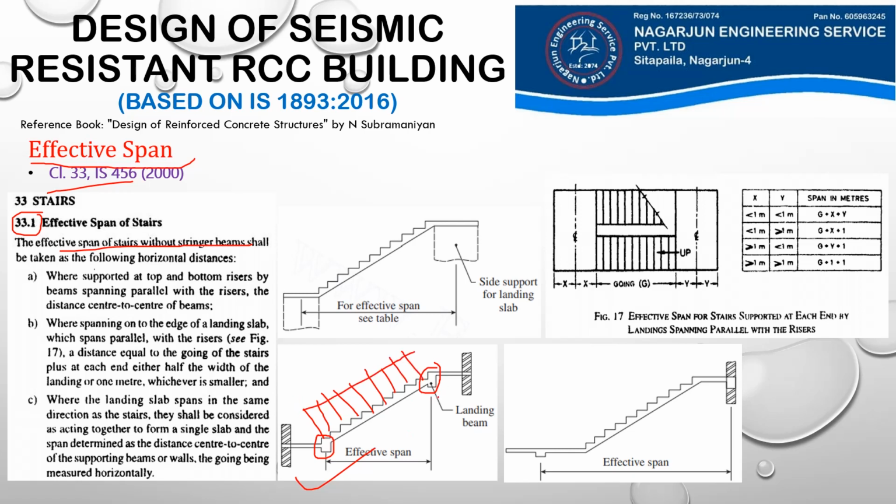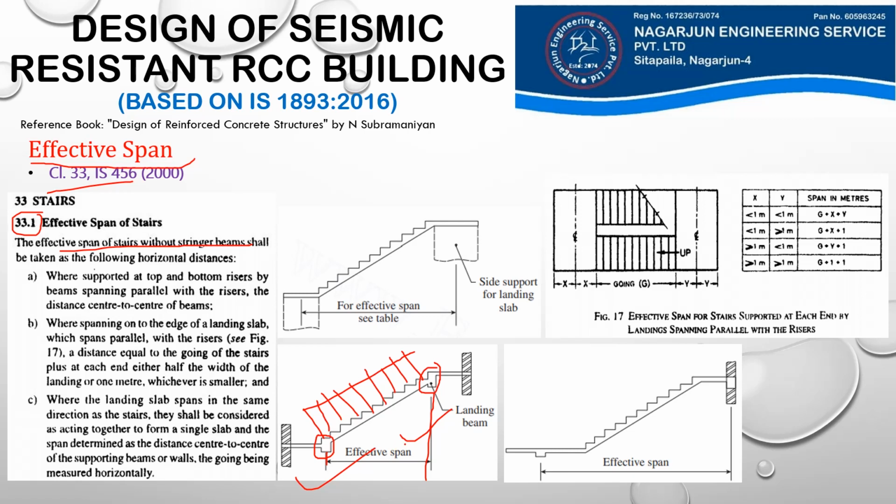You may visualize this, think properly and you can visualize this, of course. So in this case, the effective span is taken as the center to center distance between these two supports. So when the stairs span longitudinally and are supported at the top and bottom by beams, as shown in this figure, the effective span is the distance between respective centers of beams. This is clause A.